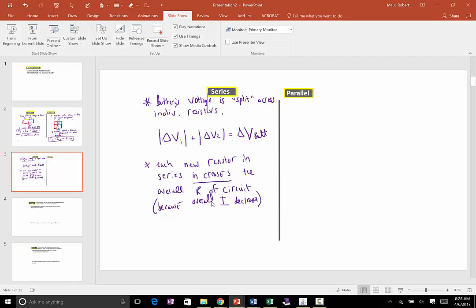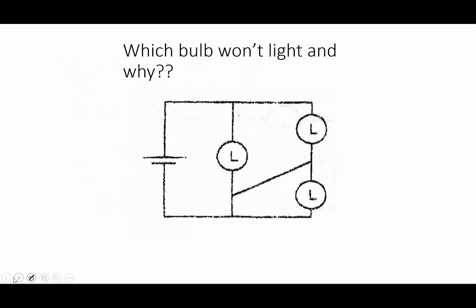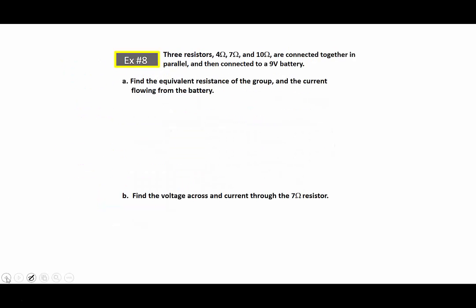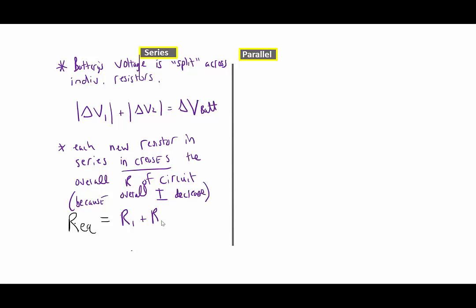Mathematically, the equivalent resistance, also known as the total resistance of the entire circuit, let me get back to my purple here, is going to be equal to resistor 1 plus resistor 2 plus resistor whatever.